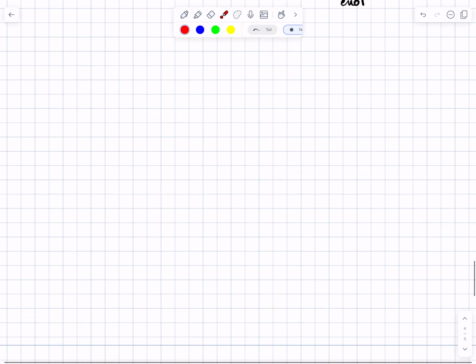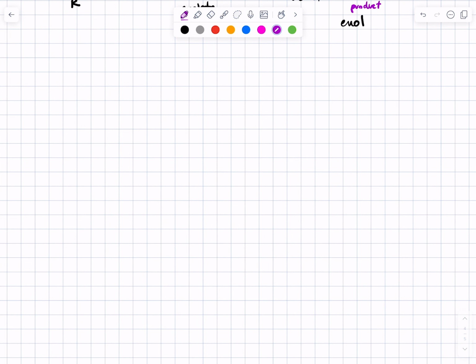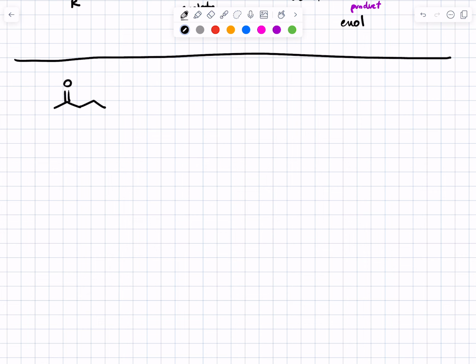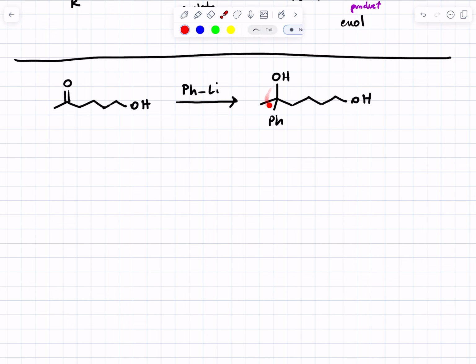So let me give you an example where this is a problem, not because of solvent, but because of the molecule you want to react with itself. Imagine that we want to do a reaction with this ketone that's also an alcohol. And imagine we have this big plan. Let's use an organolithium reagent, because ultimately we want to make this diol, in which you've got a tertiary alcohol here and a primary alcohol here.